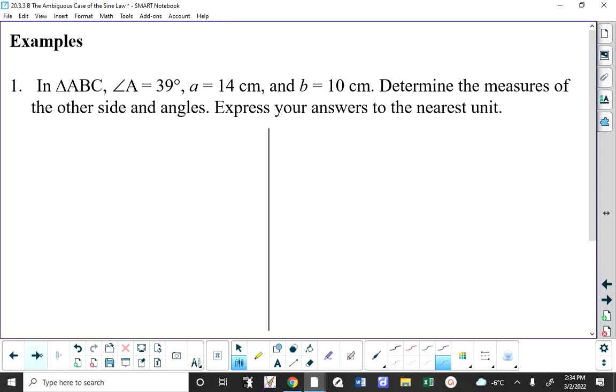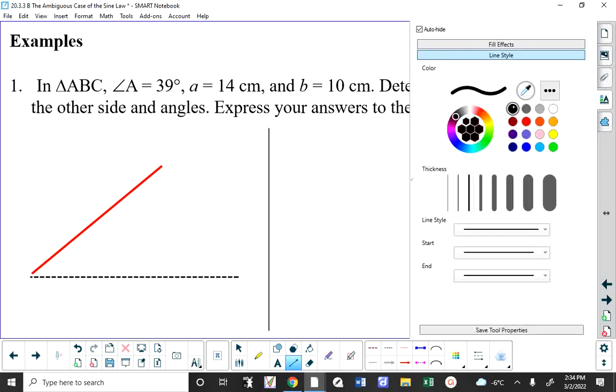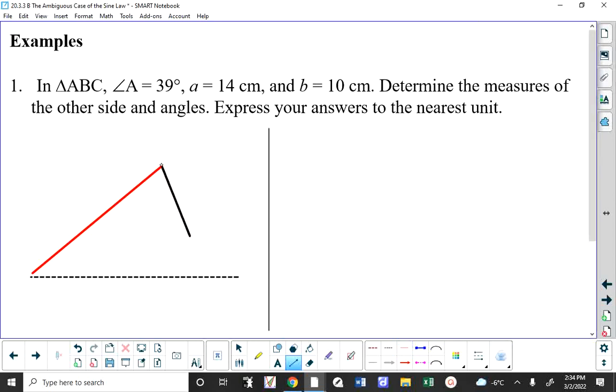In this particular question, number 1, you have angle A is 39 degrees. So let me sketch this for you. This is 39 degrees. We have side A, which is across from it, and side A is 14.